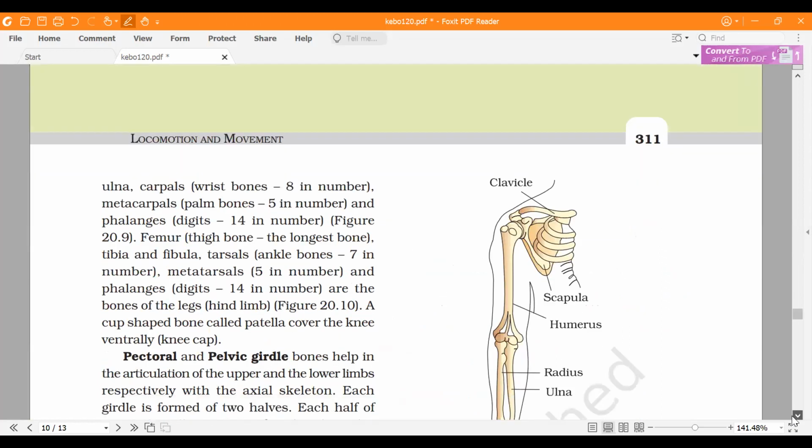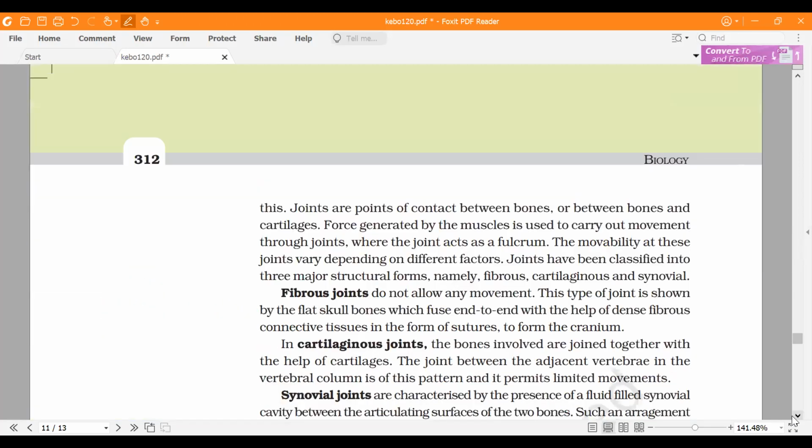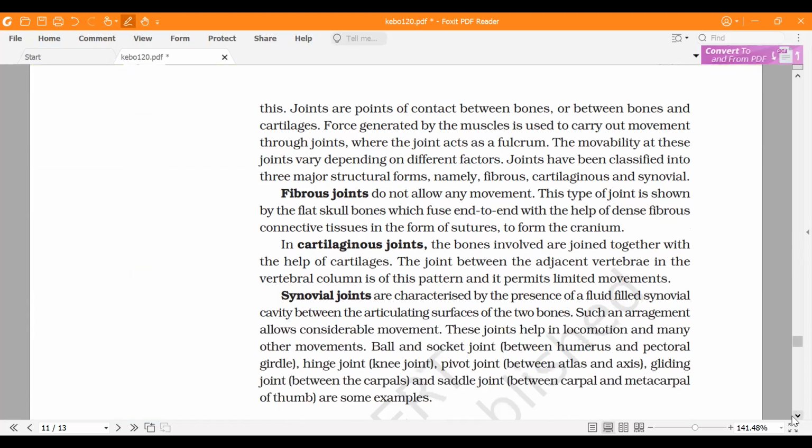From this, beta, ribs are important and the vertebral column is important for questions. Then they ask maximum questions from the joints as well as from the diseases.